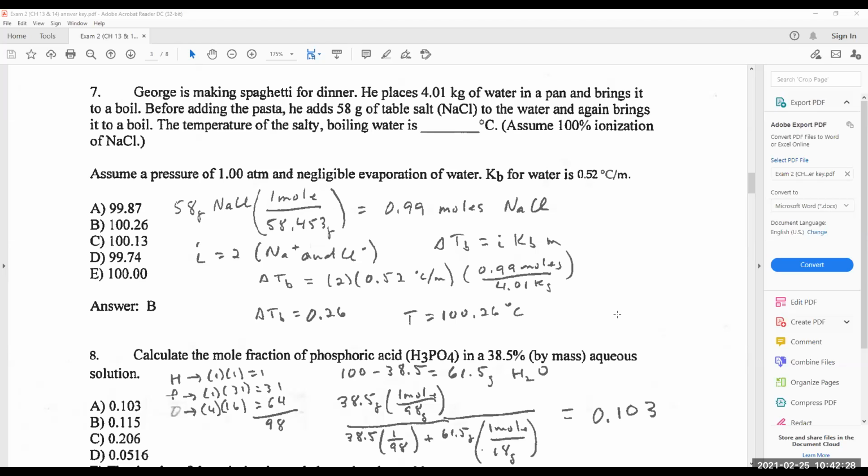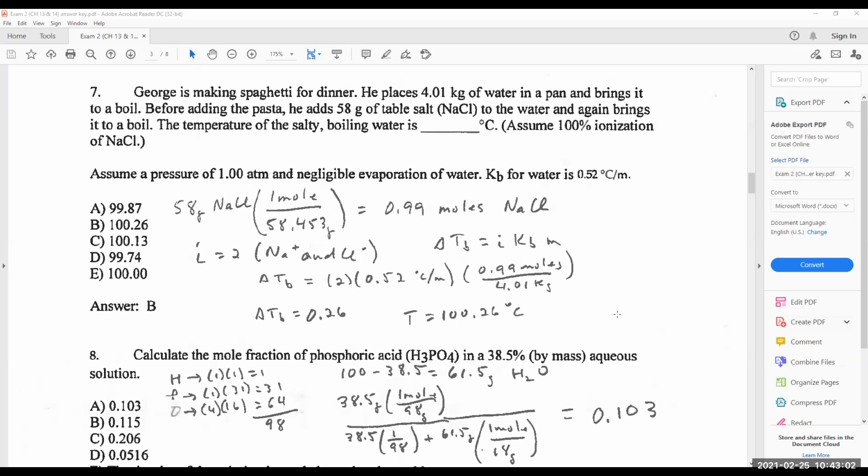We're given the constant 0.52, and so we have that value, we can plug that in, that's good to go. When we were told that the sodium chloride dissolves 100%, then that tells us that the i value, that van 't Hoff value, is going to be 2, because you have 2 particles, however you want to think of it, a sodium and a chloride for each of those sodium chloride molecules.